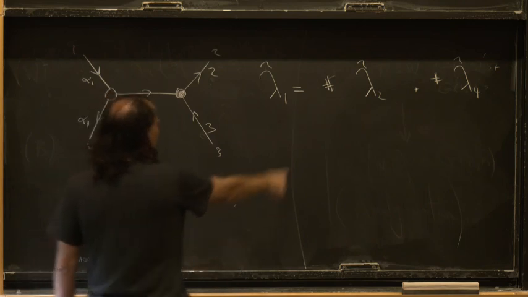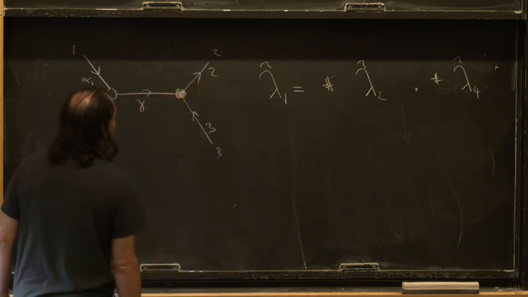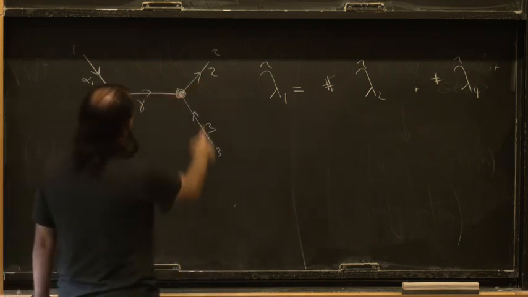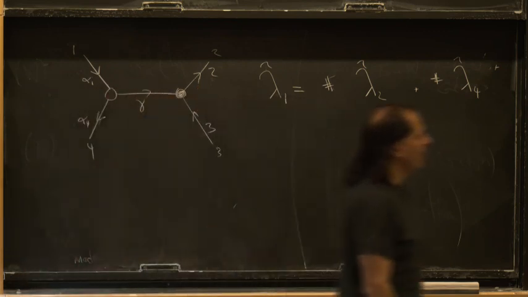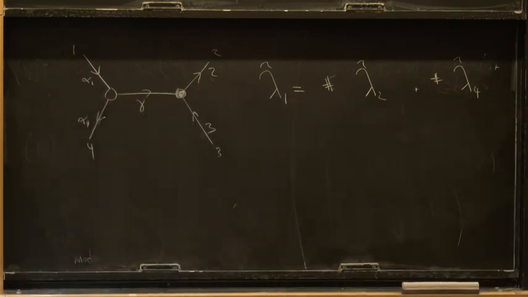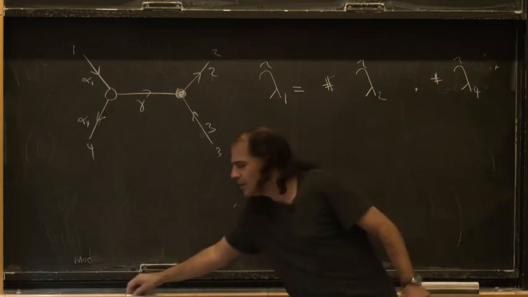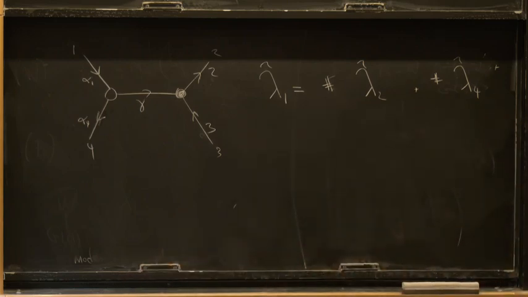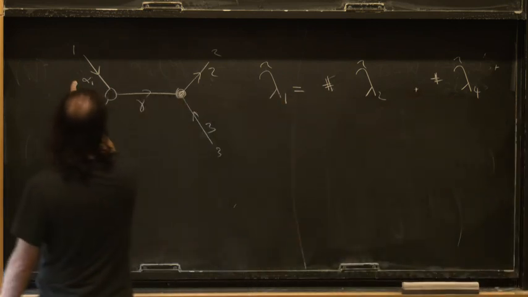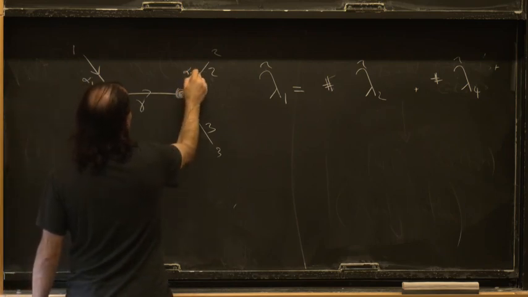And this something is just, for example, for lambda tilde 2, what did I get? Oh, sorry, there's an alpha 1 in front of the whole thing. So the thing that was in front of lambda tilde 2 was alpha 1 gamma alpha 2.